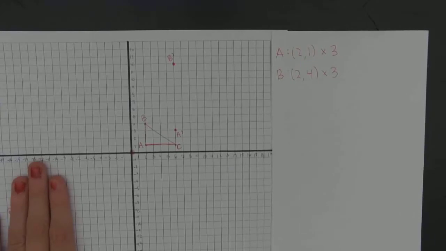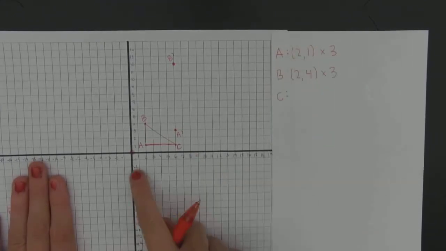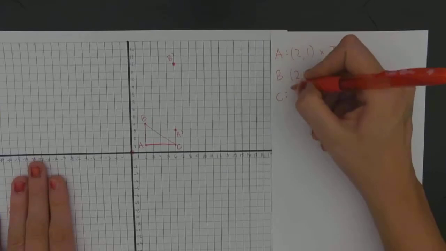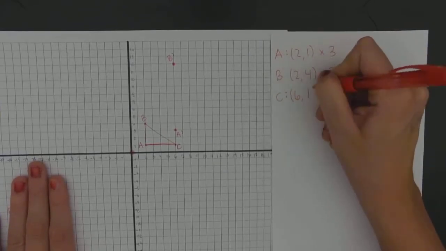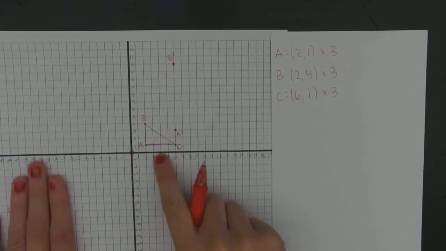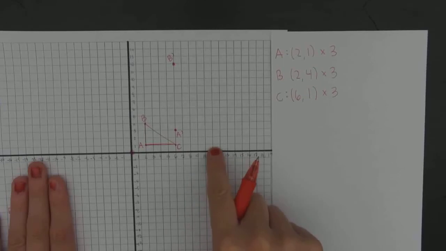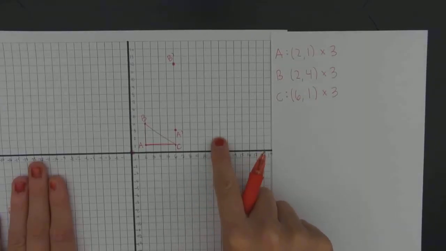Okay? And then my last point is C. To get to C from my center of dilation, which is my origin, I go over 6, up 1. And I'm going to do that 3 times. Over 6, up 1. Over 6, up 1.